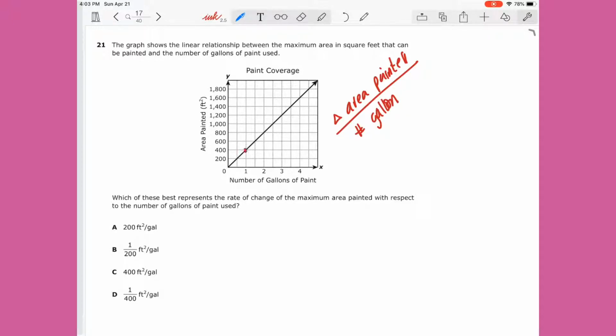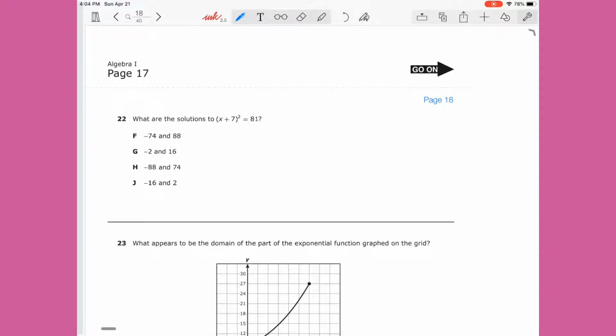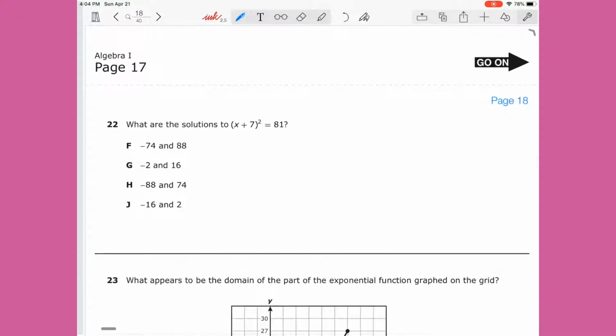So I'm going to pick a point there. We could have picked a different point, but I'm going to pick 400 over 1, which gives us a rate of 400 feet squared per gallon, which is our answer choice C. Really quite simple. Doesn't get much easier than that.